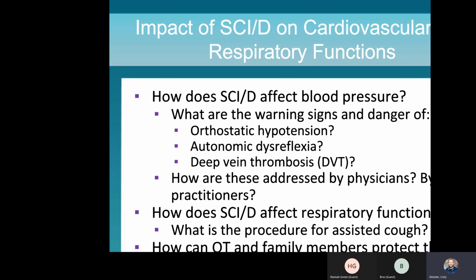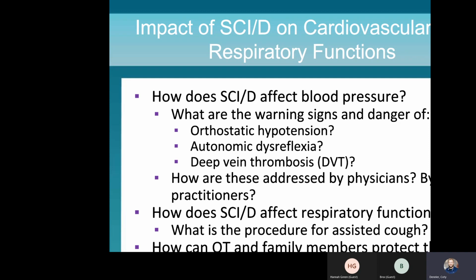All right. So spinal cord injuries and blood pressures. How does spinal cord injury affect blood pressures? People with a spinal cord injury will experience orthostatic hypotension. What is that? I know you've talked about it in other classes. Right, a sudden drop in blood pressure.